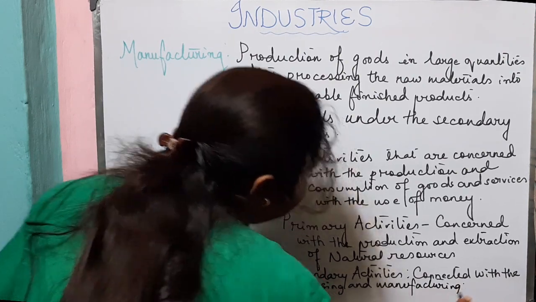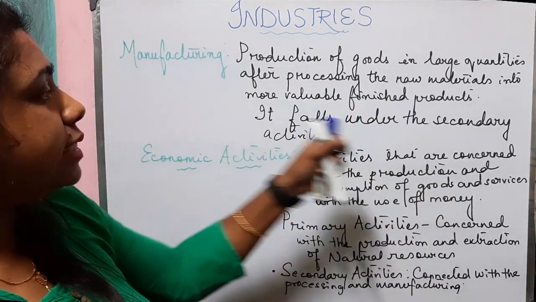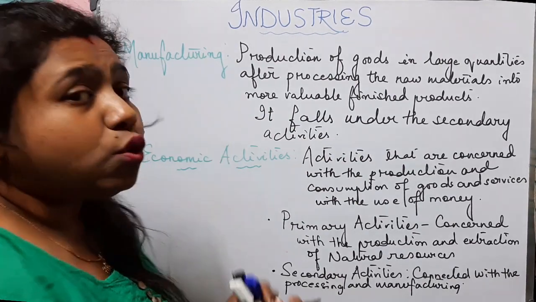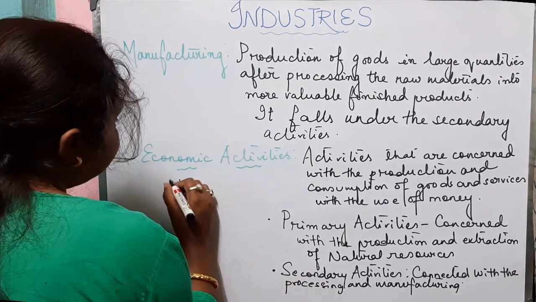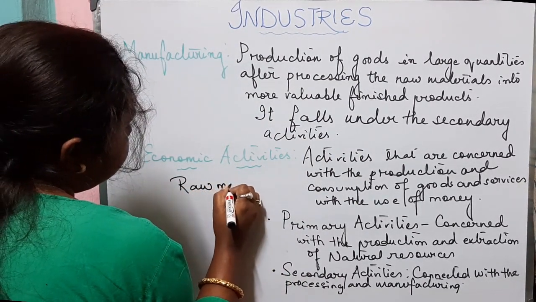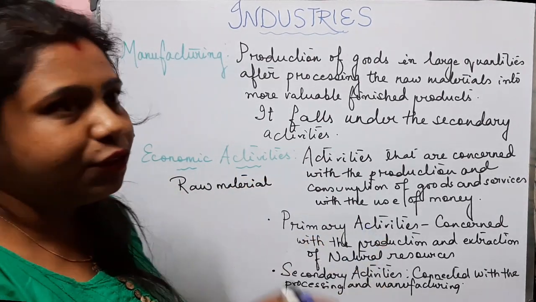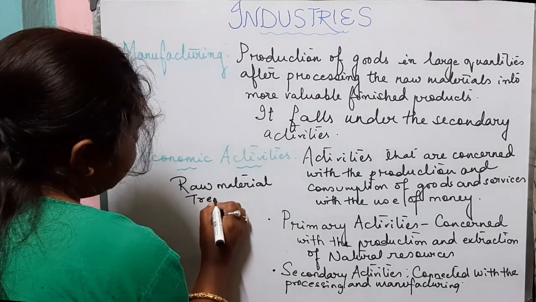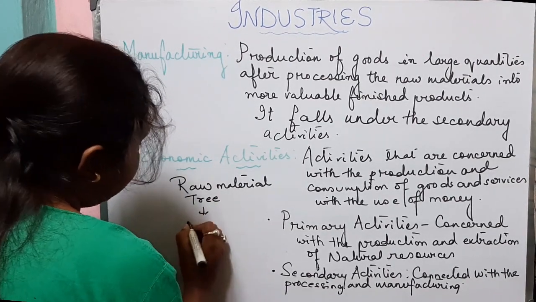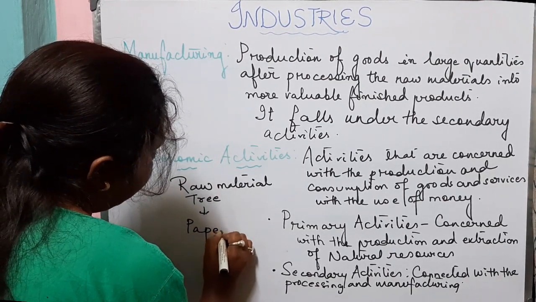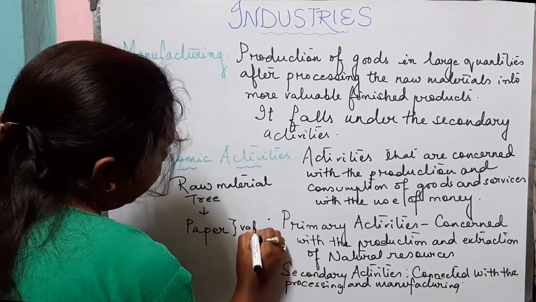As we have read, manufacturing falls under the secondary activities. So what we have understood is that raw material is obtained from the primary activities, like the tree. That is the raw material. From the tree we obtain the paper, that is a valuable product.